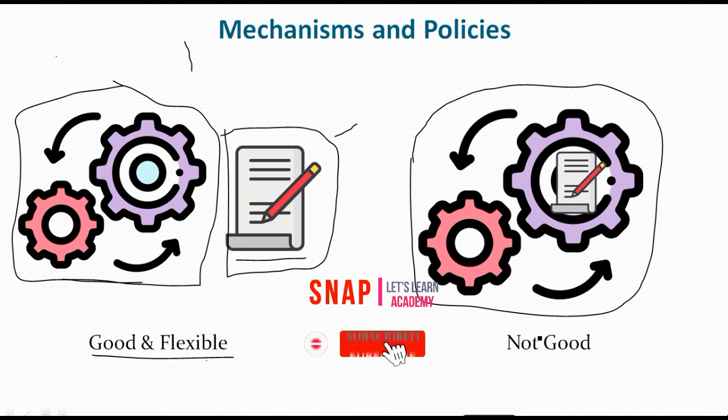So you cannot integrate both mechanism and policy together. If one user is taking the entire time of the CPU while other users are waiting, that is not a good mechanism and not a good policy.